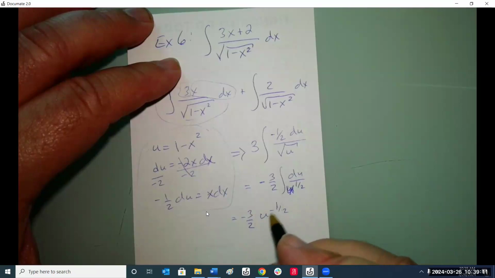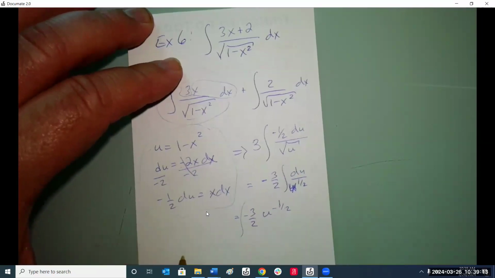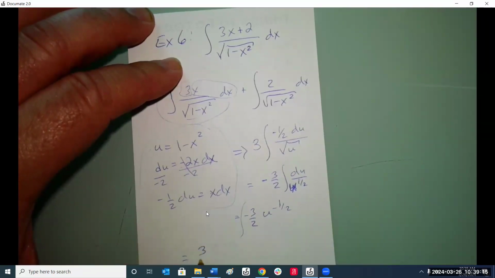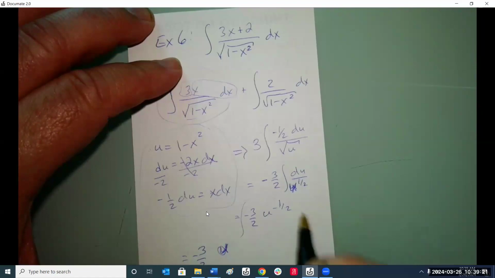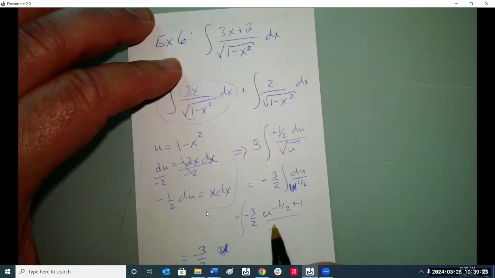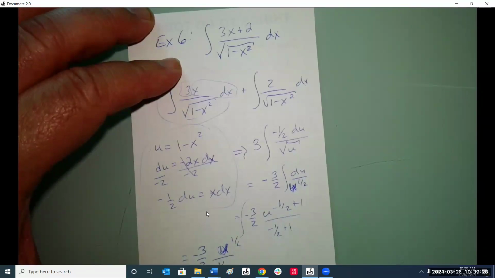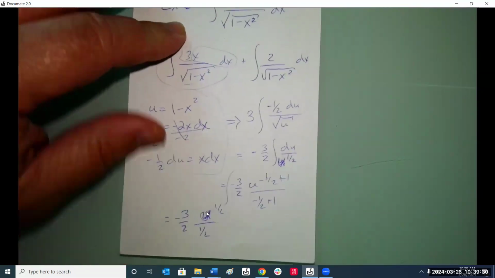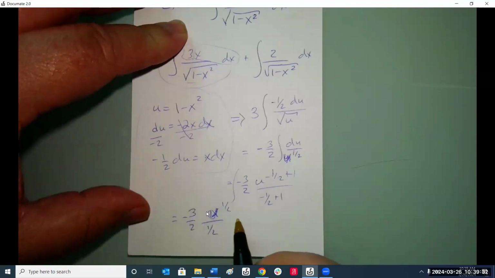When we integrate this, -3/2 u, add 1 to the exponent, -1/2 plus 1. So we flip that.